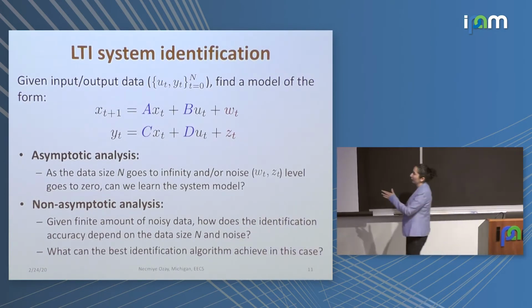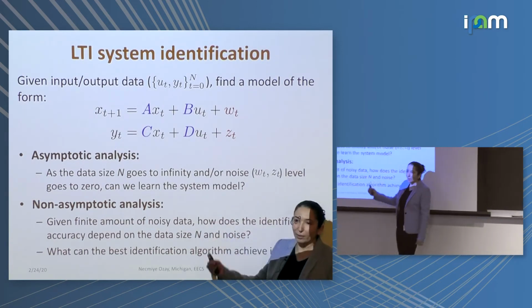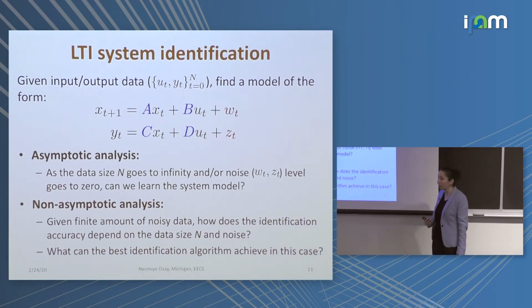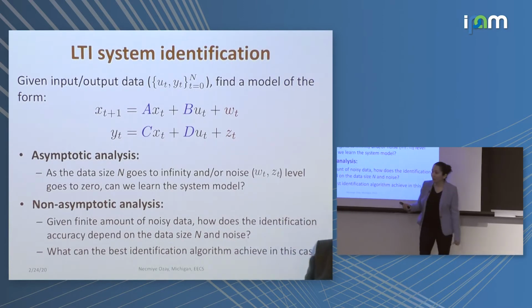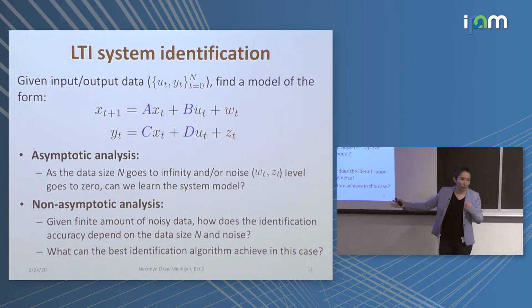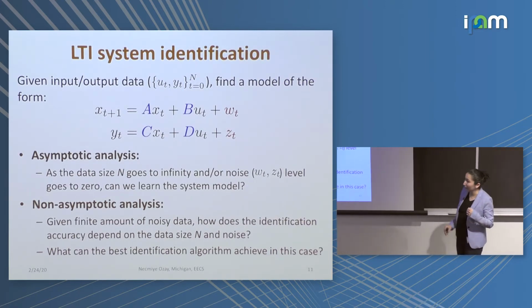In the non-asymptotic setting, what we want to do is, given this finite amount of noisy data and some properties of the noise terms, how does my identification accuracy depend on the data size n and the properties of the noise? This will be the type of question I want to answer for this type of model.